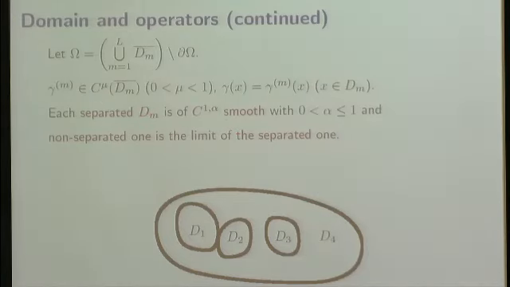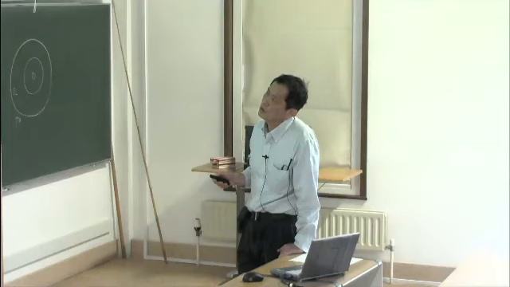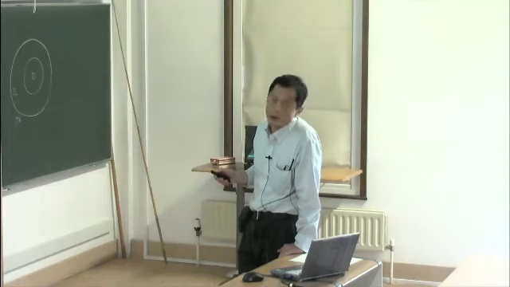And also, when we consider the conductivity restricted to this separated domain, I assume its smoothness is C^mu. And for the non-separated one, I consider those smoothness in the limit of the separated one.